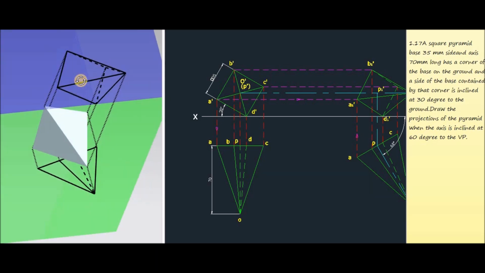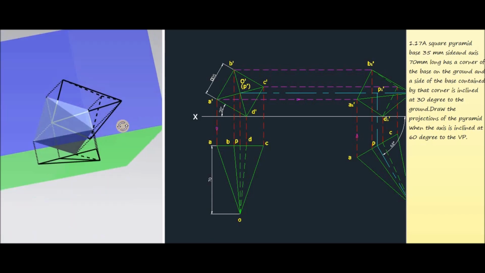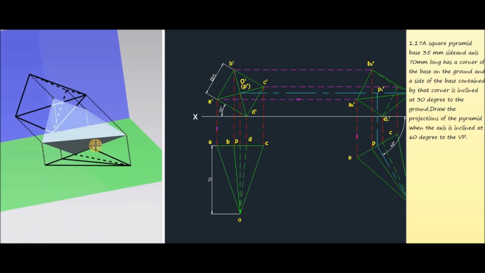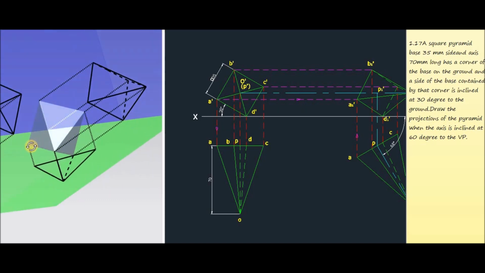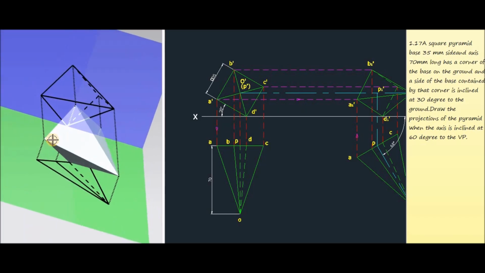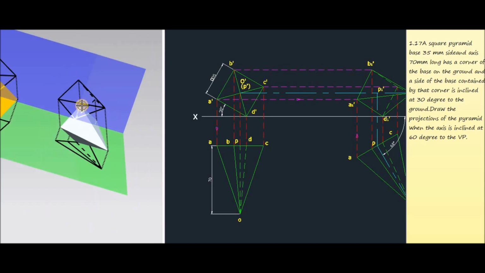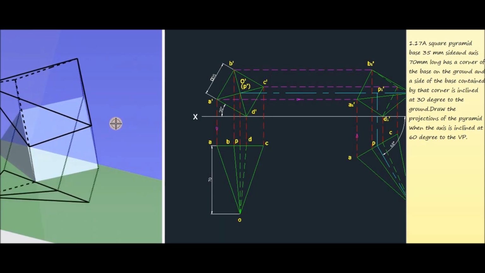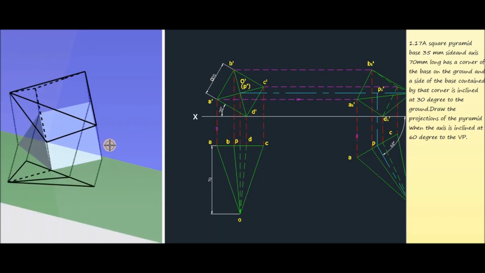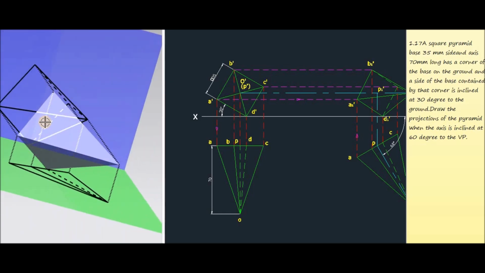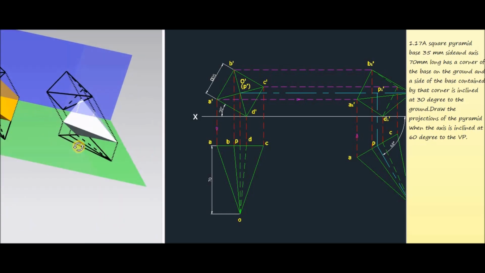Now join all the base corners and join to the vertex. When we observe from the front side, these edges are visible, so they are represented in thick lines. The back side corners which are not visible are represented by dotted lines. So this figure represents the final front view.